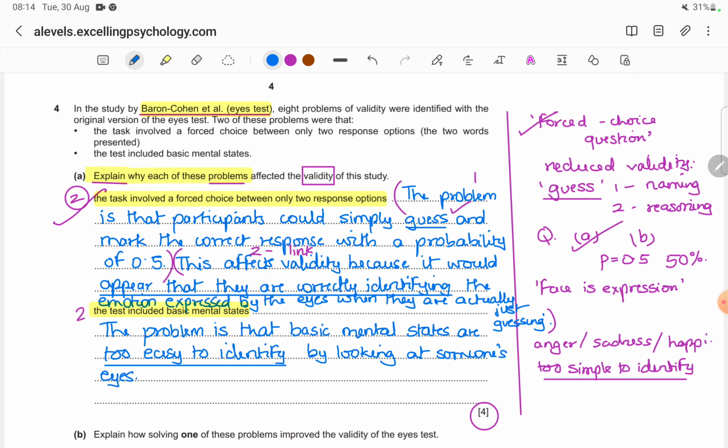Okay, so I've named the problem. I have stated in general what it is. Now I will connect it with the study.